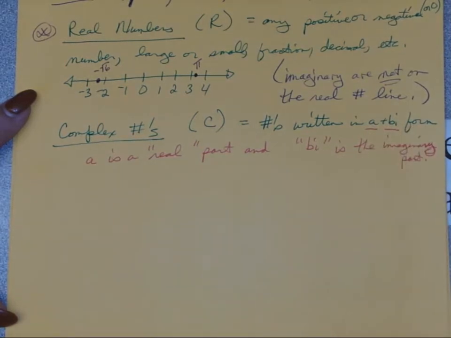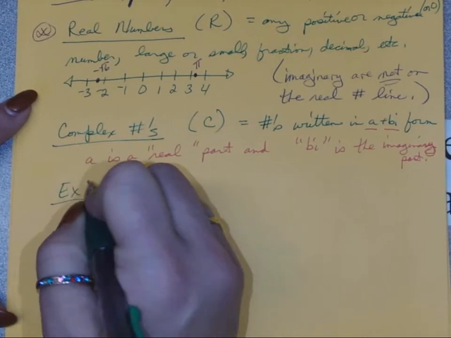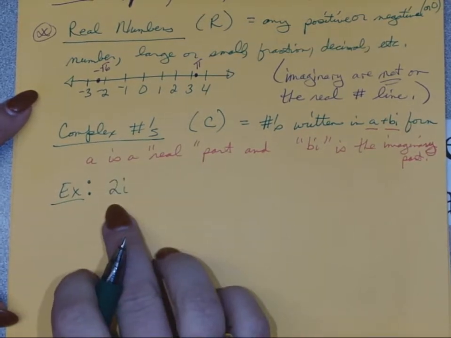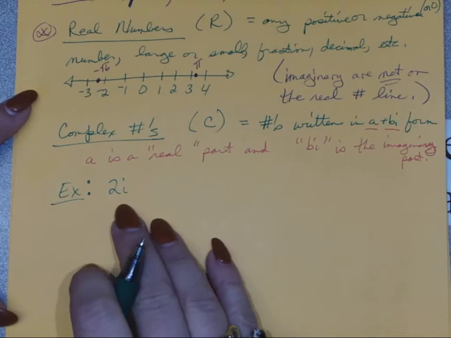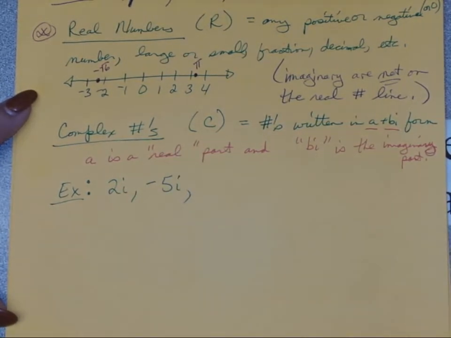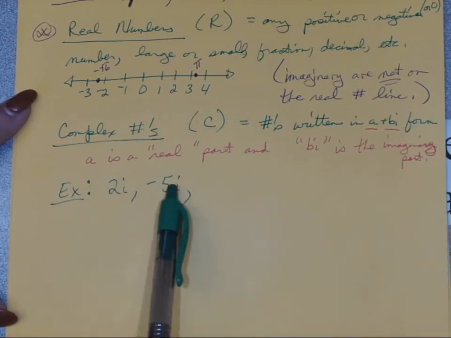Now the interesting thing though is, well, let's get some examples in here. So example. Well, we all know stuff like 2i, right? Square root of negative 4 is 2i. Okay, stuff like negative 5i. Okay, that's fine. And then because those are both imaginary parts, right?